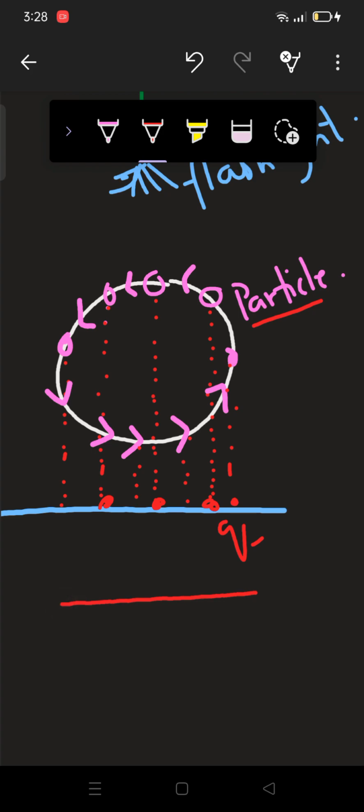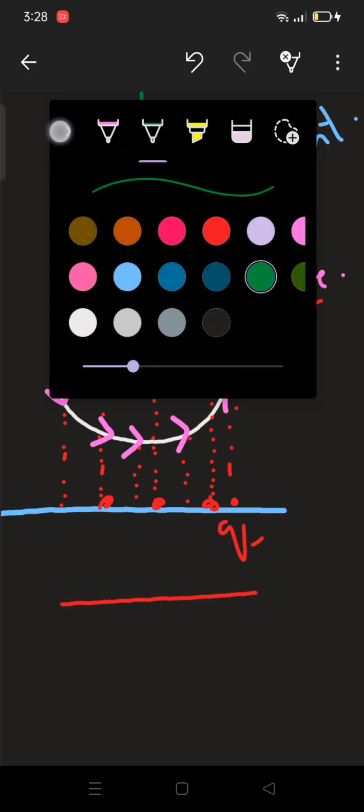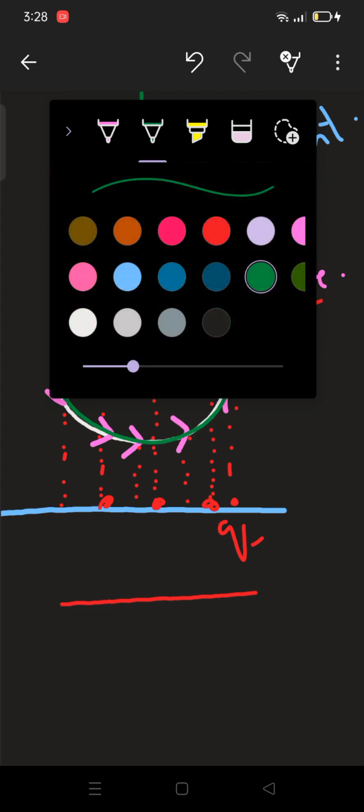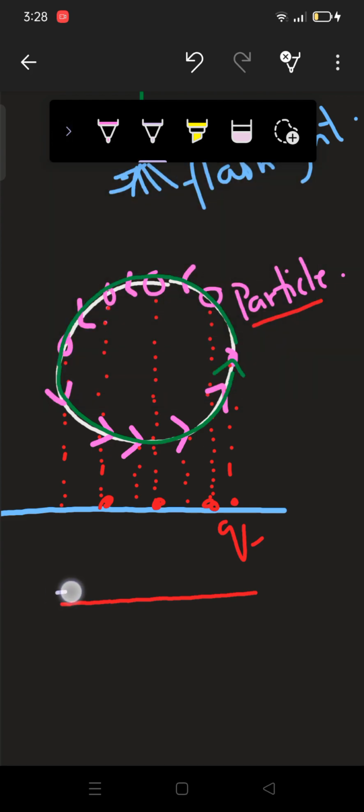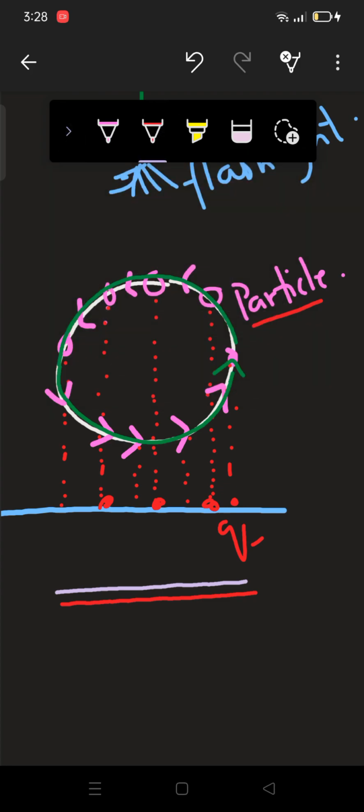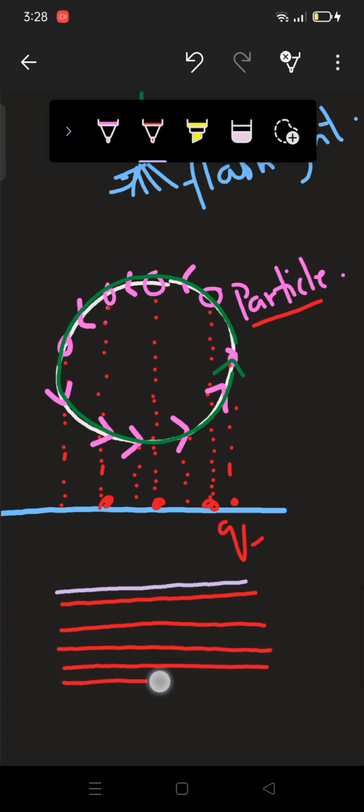If the particle goes from here to here, then the shadow will go from here to here again, right? Now see what this motion is. This motion would be continued, back and forth, back and forth.